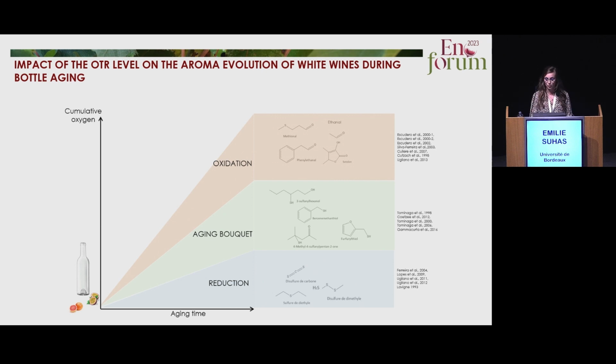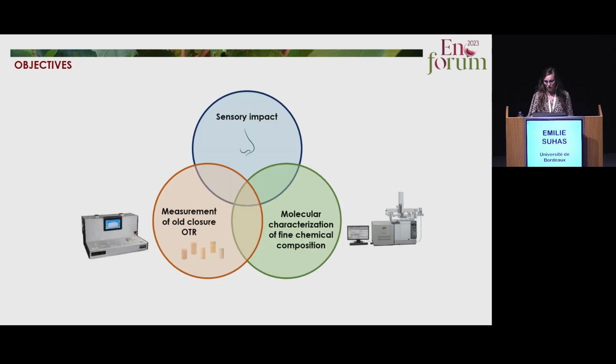In the case of oxidation, you have methional or phenylacetaldehyde, which are associated with boiled potato or honey notes, while for qualitative evolution or the aging bouquet, you have 3SH or the 4-MSP, 4-methyl-4-sulfanylpentan-2-one, or 3-sulfanylhexanol, which is associated with the quality of Sauvignon Blanc, because these are regarded as varietal thiols.